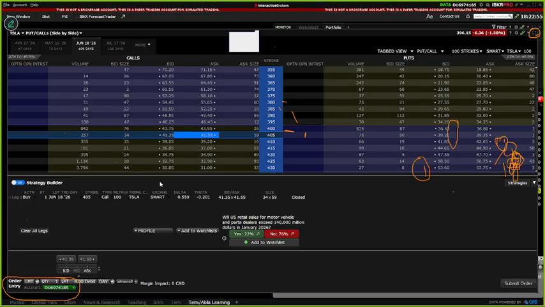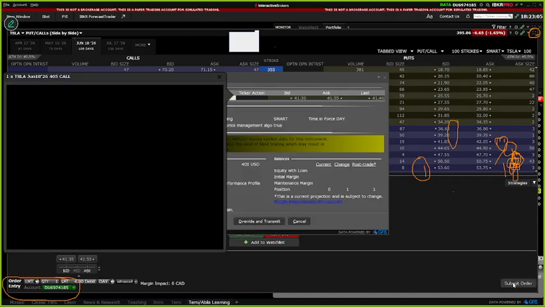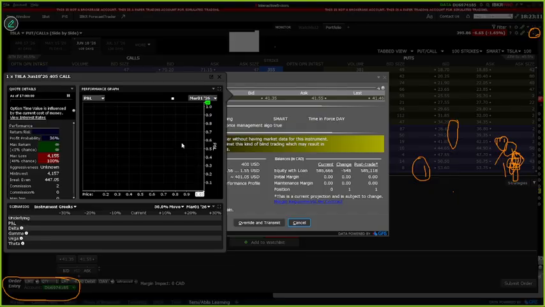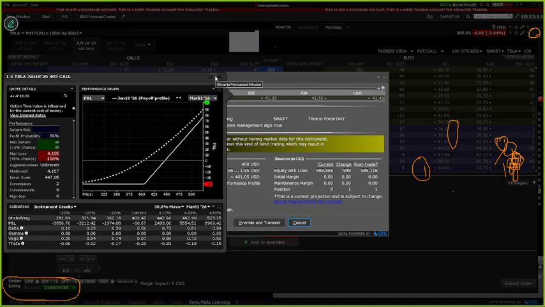I like to put my own price because sometimes when the market opens, it might pull down a little bit, right? Because this is the last price, it's telling us that it was on Friday. Now submit order. At your right side, it will say submit order. Submit. A graph will come out.